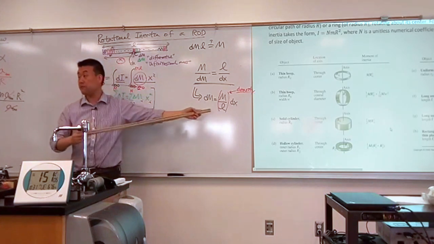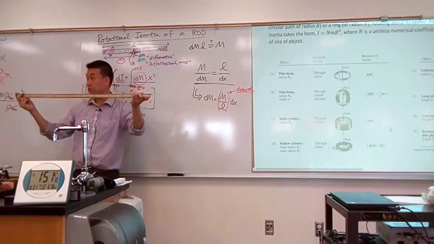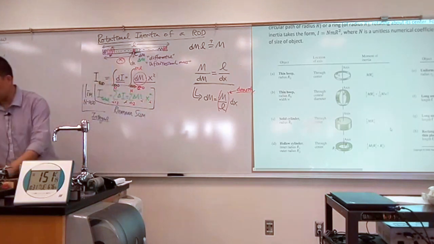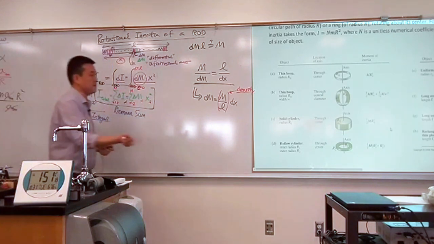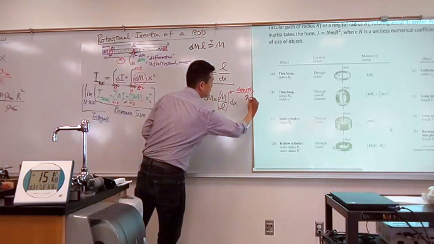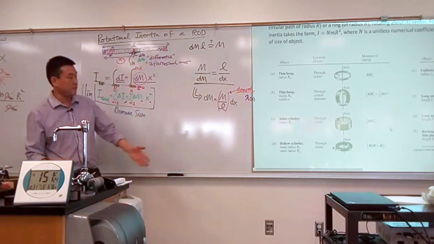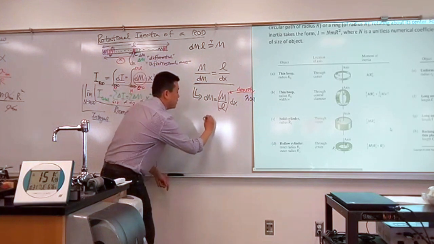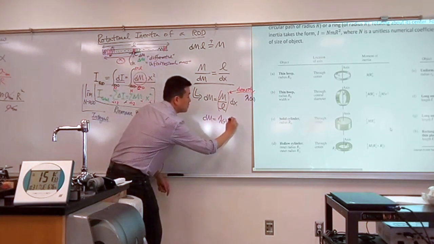Now, what I'll tell you is that in the problem that you will be asked to do on the exam, the density of the ruler will not be uniform. So the symbol that we use for density is lambda. And on the exam, what you will have to do is write down the mass of the infinitesimal piece as the density times the length.